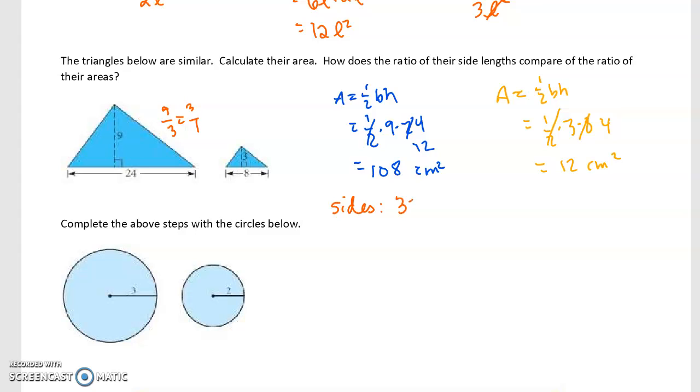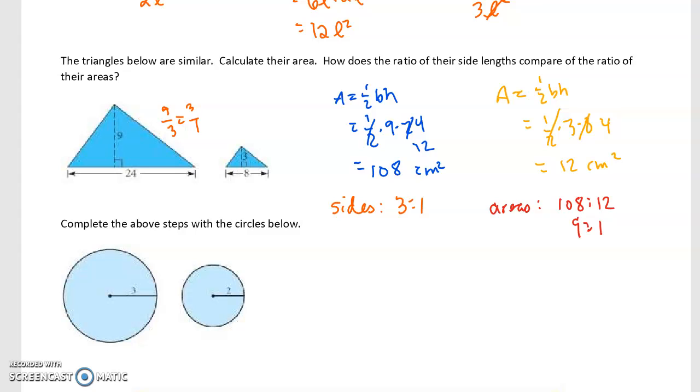So it's a 3:1 ratio. The ratio of their areas is 108:12. Right now that might not look like anything, but if we simplify that, it's a 9:1 ratio. So sides 3:1, areas 9:1.